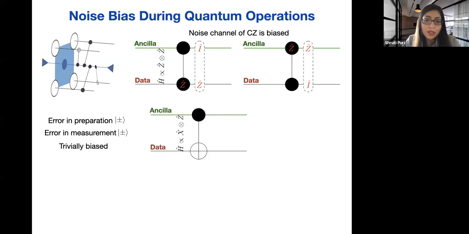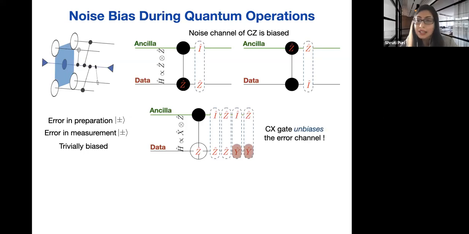Now, what happens with the CX gate? In this case, you will engineer some sort of XZ type interaction between your data qubits and the ancilla qubits. Now, if there's a Z error on the data qubit, then this doesn't commute with this Hamiltonian, and it will actually propagate as a linear combination of Z errors and Y errors on the data qubits.